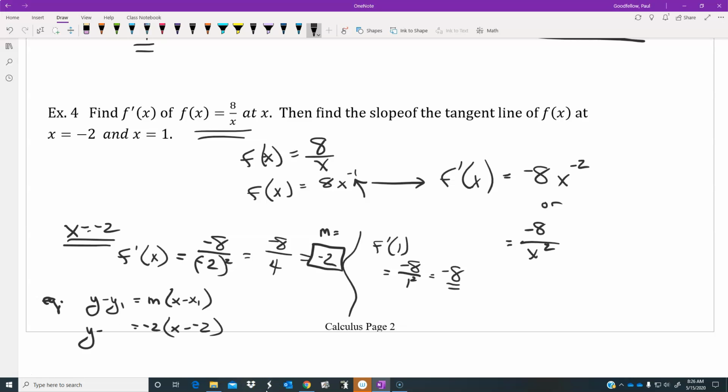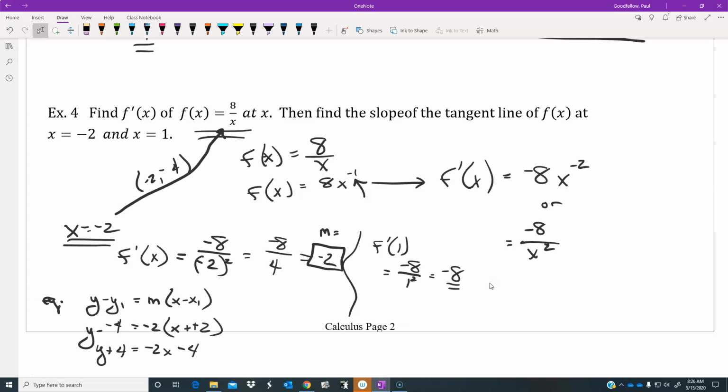That's why we would have to go back to the original function and generate the original coordinate, which is going to be -2 comma -4. That would be the point on the graph that we want to plug in. The equation would be y plus 4 equals -2 times (x plus 2).